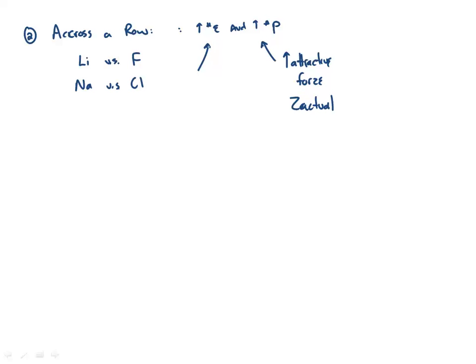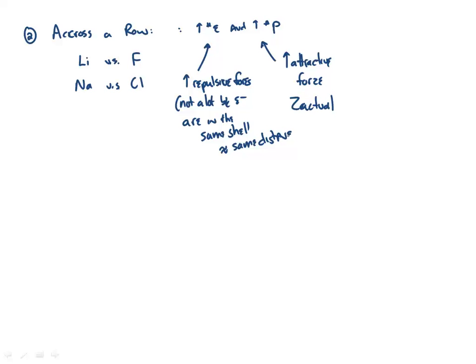Increasing the number of electrons increases the repulsive force, but not a lot, because the electrons are in the same shell, meaning they're about the same distance out. And so that's our electron shielding term.